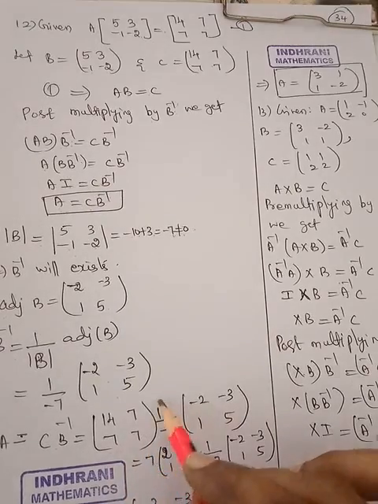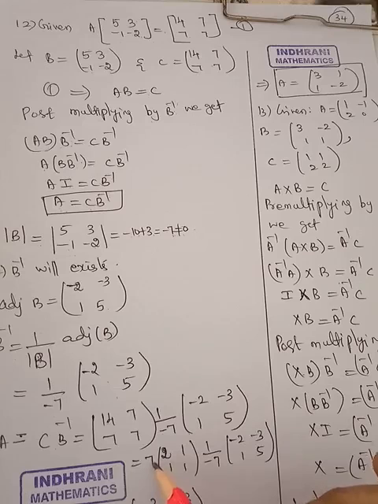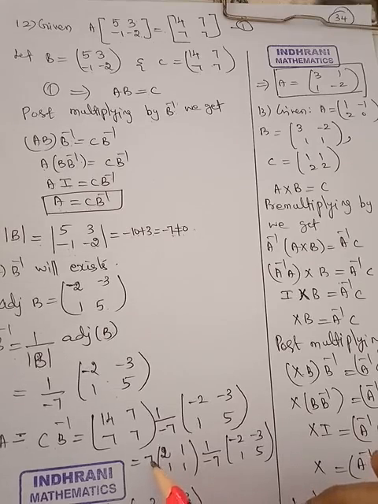The reason is that the scalar 1 by minus 7 is there. If you take 7 outside, this 7 and the denominator 7 get cancelled. So, for this simplification only I am taking 7 outside.